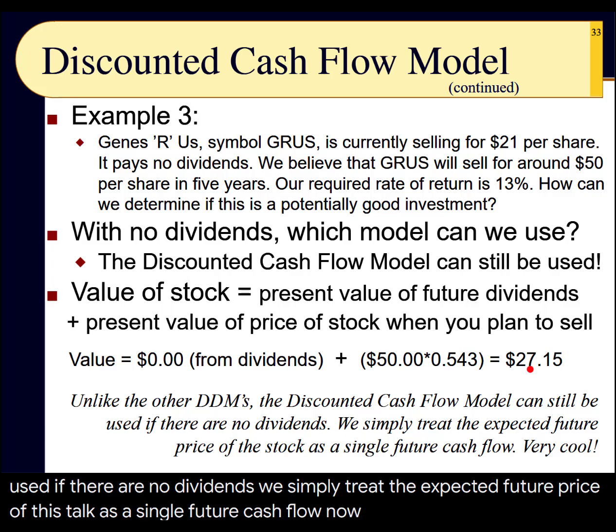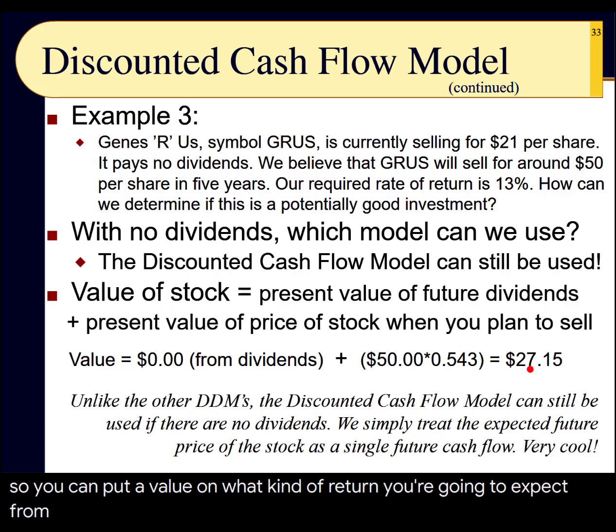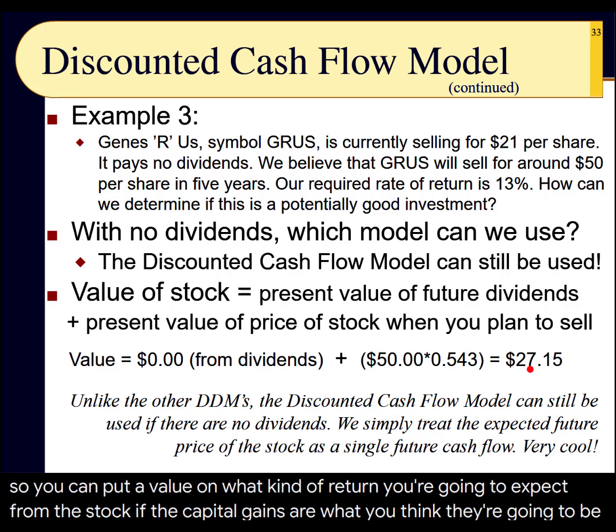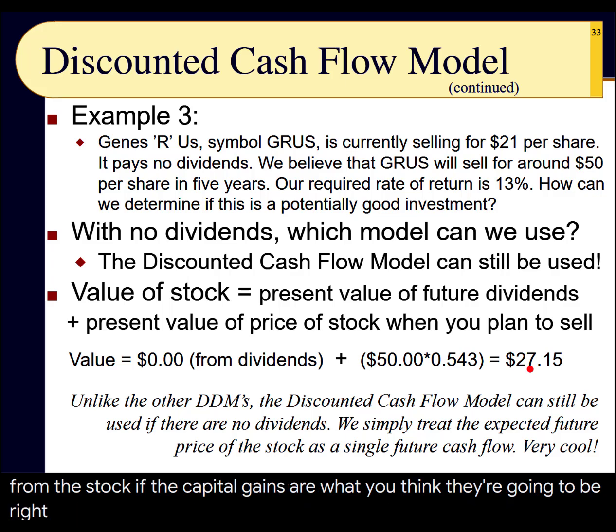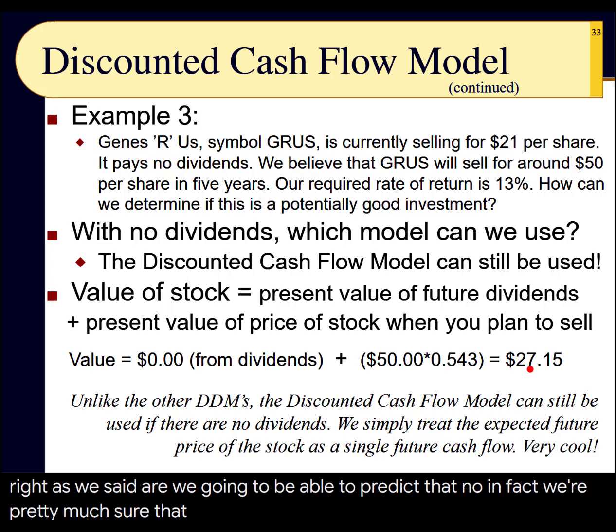Now, is this cool or what? Yes, it is. So you can put a value on what kind of return you're going to expect from the stock if the capital gains are what you think they're going to be. As we said, are we going to be able to predict that? No. In fact, we're pretty much sure that we're going to get the number wrong.